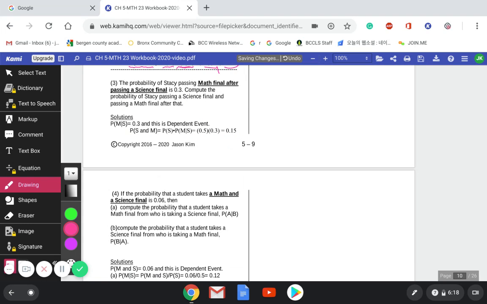Now the probability of passing the math final after the science final. What's given is the probability of math given science is 0.3. So that's 0.3, and you have to use science because this is S. Multiply together, 0.01.